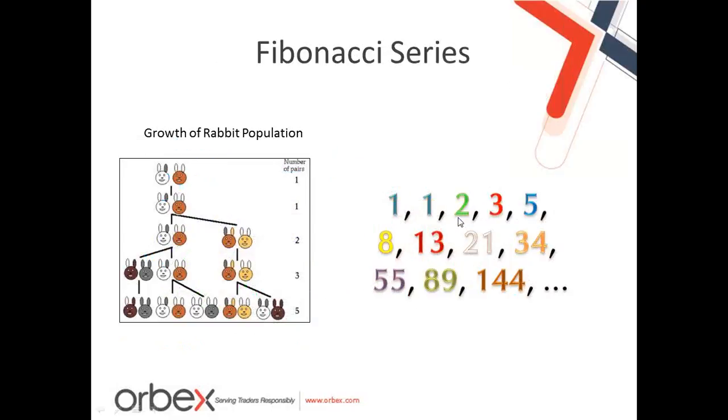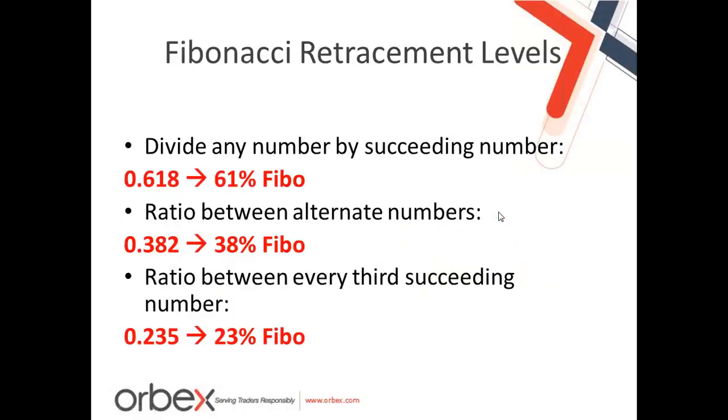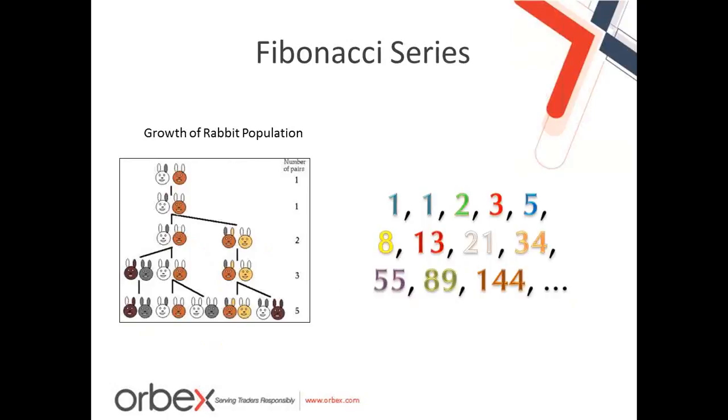If you divide 2 by 3, you will get approximately 0.618. So I want you right now, if you have your calculator in front of you, or a phone that has a calculator, divide 2 by 3. It's going to give you 0.6, right? Then you can divide 3 by 5. Just type in the chat box. What do you get?